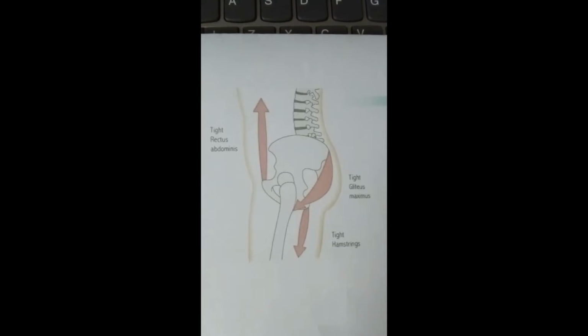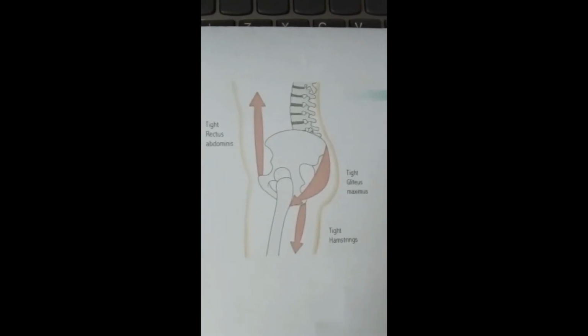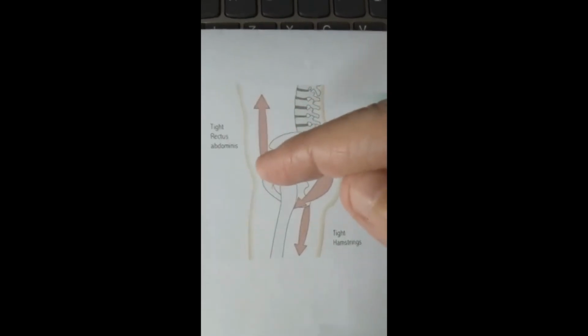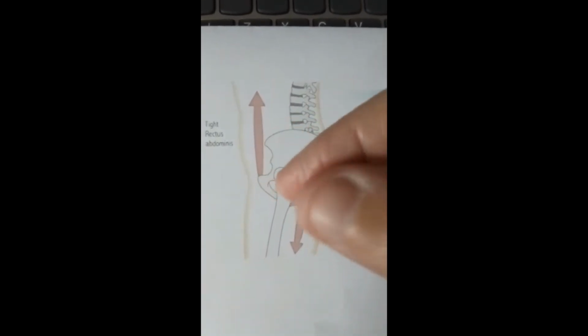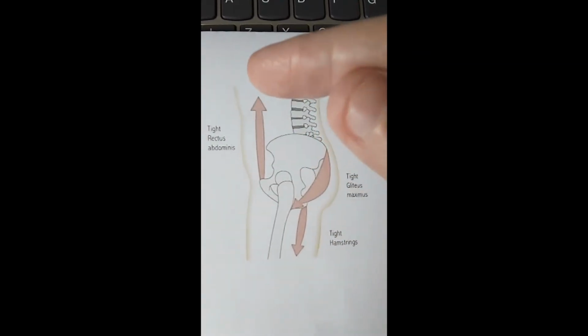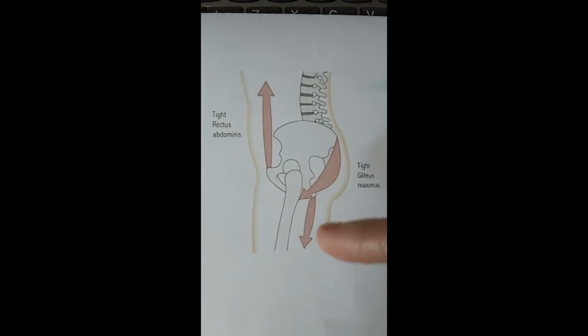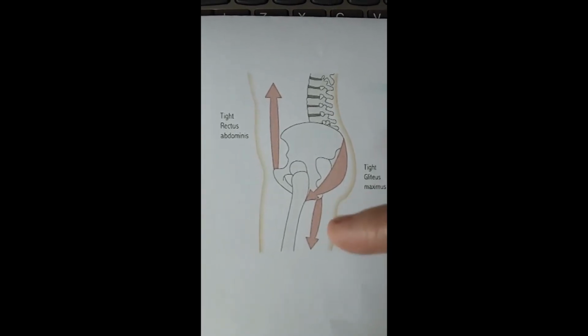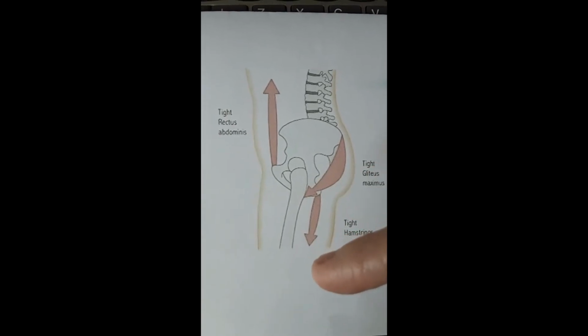In this case, it's kind of the opposite of anterior. It's the rectus abdominis, those abdominal muscles, that become tight and pull the front of the pelvis up. And it's the hamstrings that also become tight, and so they pull the back of the pelvis down.